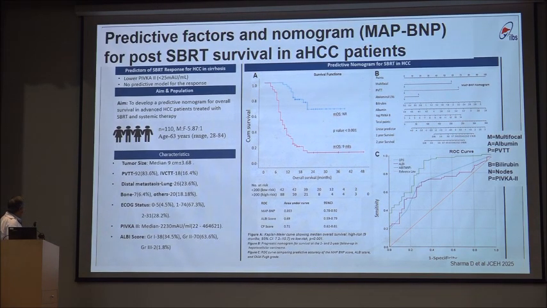When PIVKA is higher, the response is poor, while when PIVKA is lower, the response is comparatively good. So we have included many factors in this, like whether the tumor is multifocal, what the level of albumin is, whether PVT was involved, what the bilirubin level was, and how many lymph nodes there are.